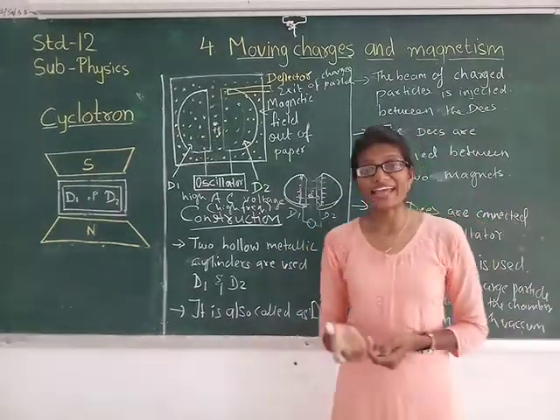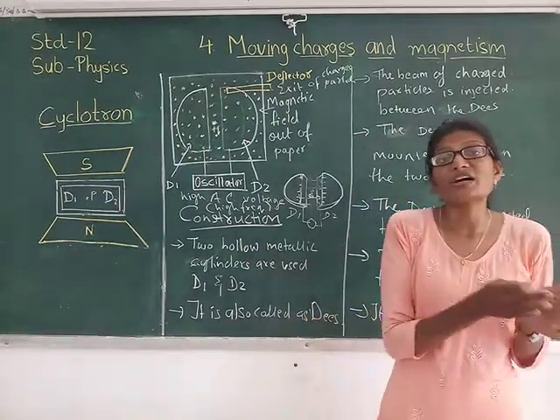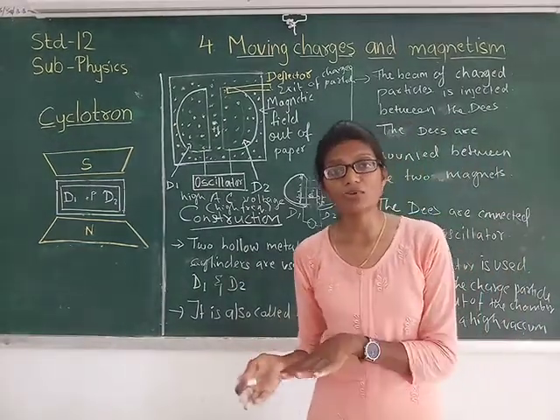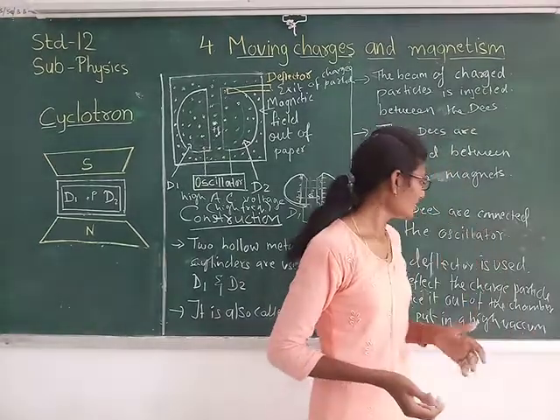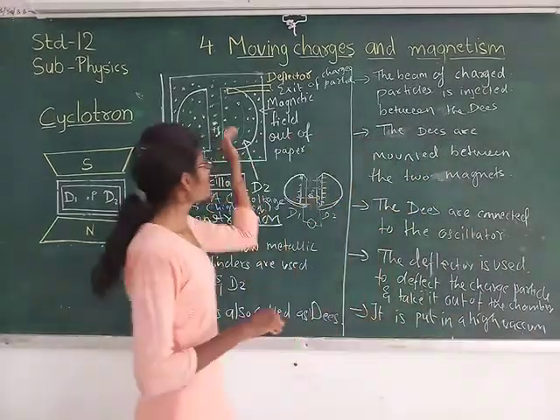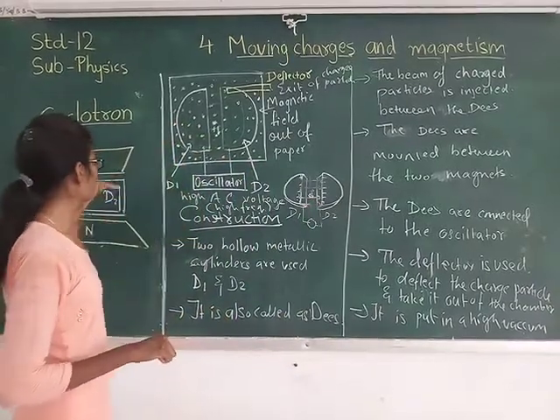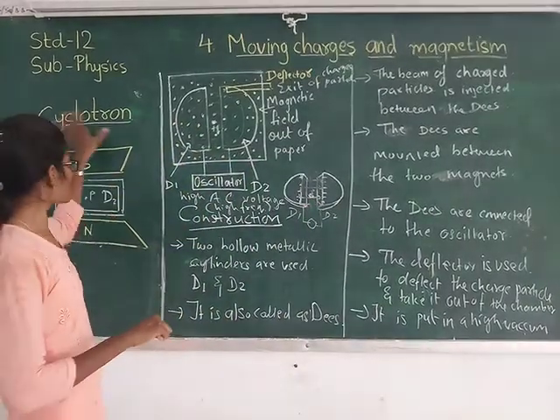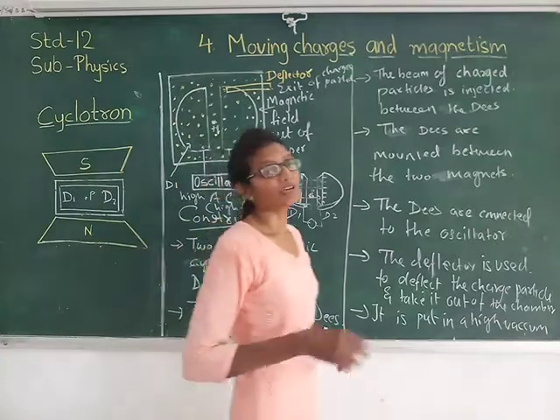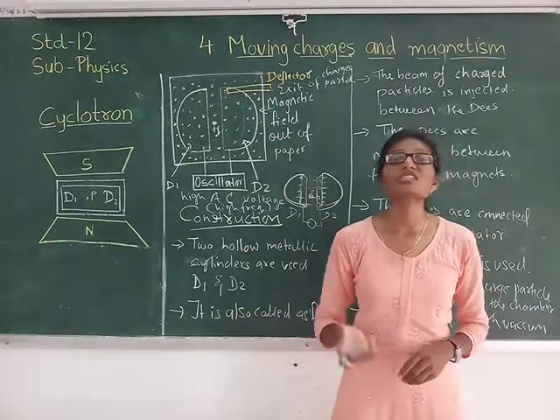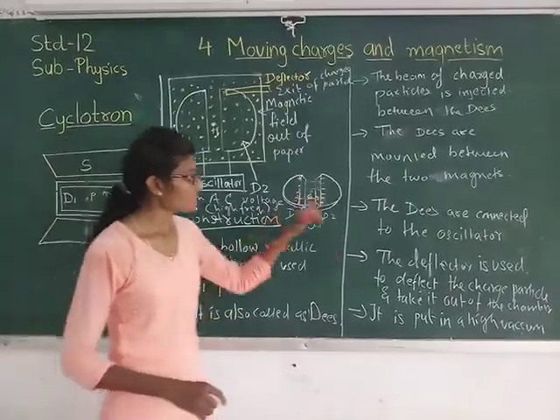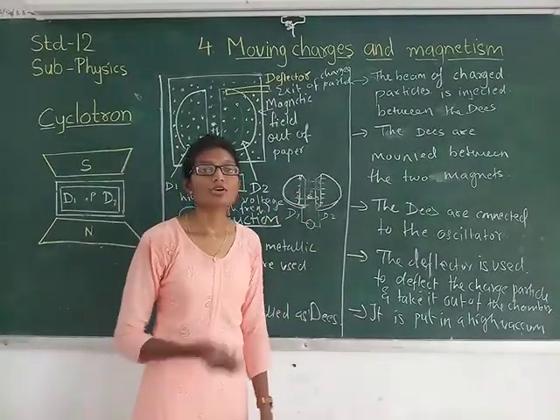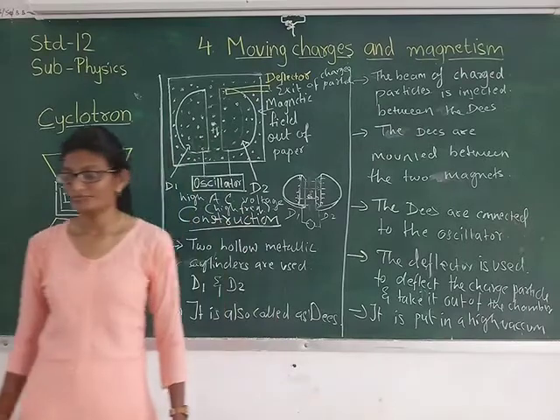So if there are air molecules, then the charged particle will collide with the air molecules and it may deflect, it may change its direction, right? So for that, this whole arrangement, that is the magnet as well as this tube, is put in a high vacuum. There is no air molecule inside. Students, first of all you may note down this construction, then we will see how this cyclotron works.